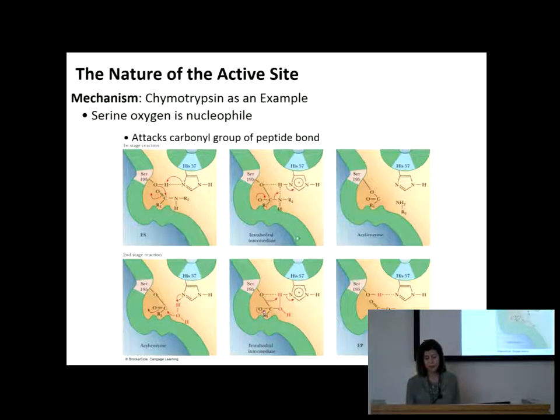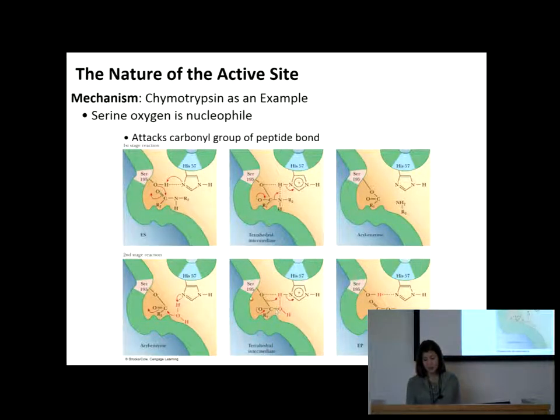So then we get our second tetrahedral intermediate. It's different from the first in that the first had a carbon-nitrogen bond. Here we have the carbon-oxygen bond. In this tetrahedral intermediate, the nitrogen accepted a proton from the water, and the water acted as the nucleophile.